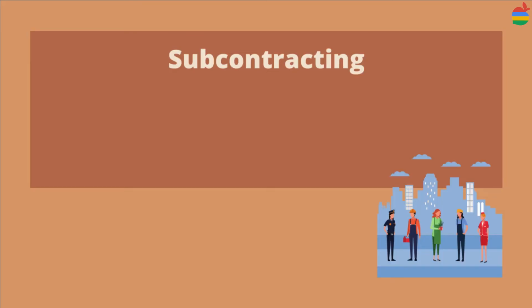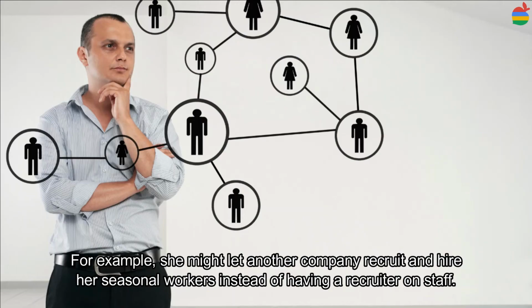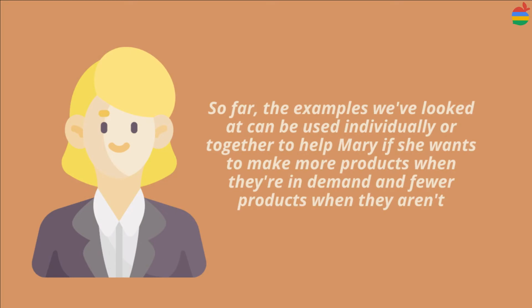Subcontracting, or hiring other companies to do some jobs, is another option for some aspects of Mary's business. For example, she might let another company recruit and hire her seasonal workers instead of having them recruited on staff. So far, the examples we have looked at can be used individually or together to help Mary if she wants to make more products when they are in demand and fewer products when they aren't.